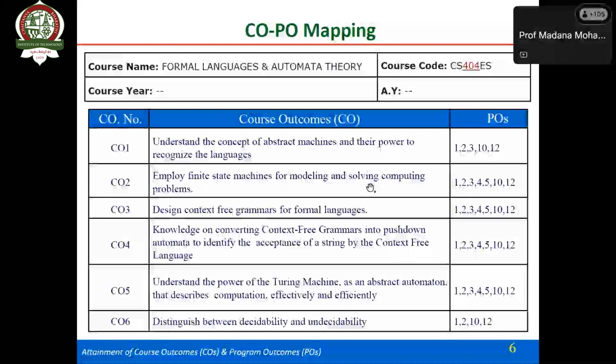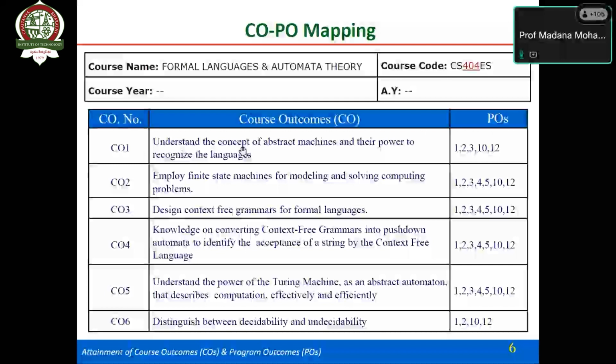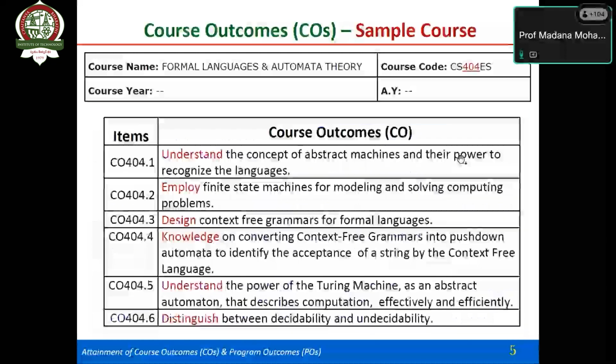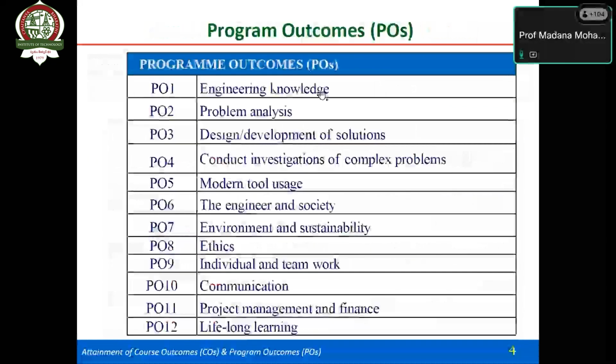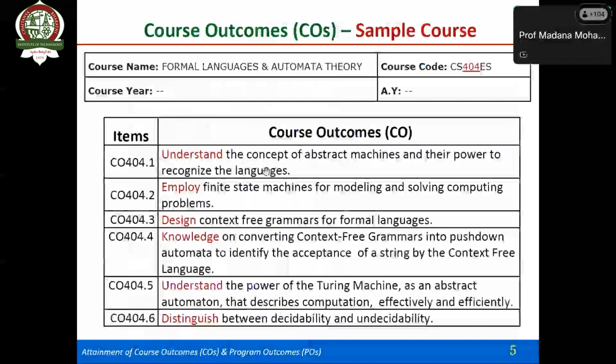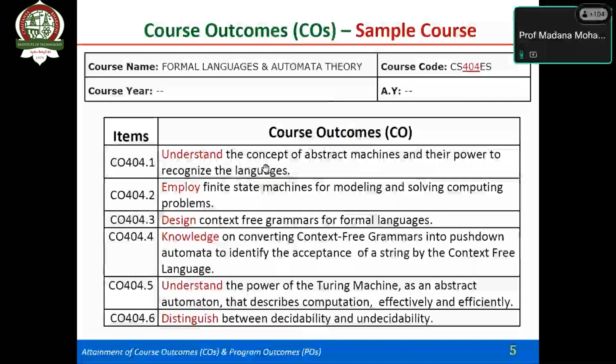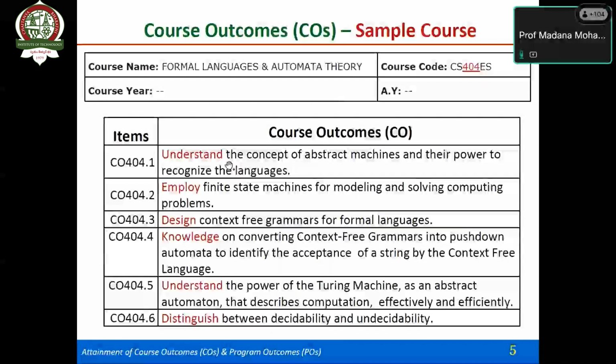Now let us see, for example, CO1: understand the concept of abstract machines and their power to recognize languages. How is this related to PO1, 2, 3, 10 and 12? Let us check. What is PO1? PO1 is engineering knowledge, where applying mathematical knowledge is also included. Here you understand the concept of abstract machines and their power to recognize.